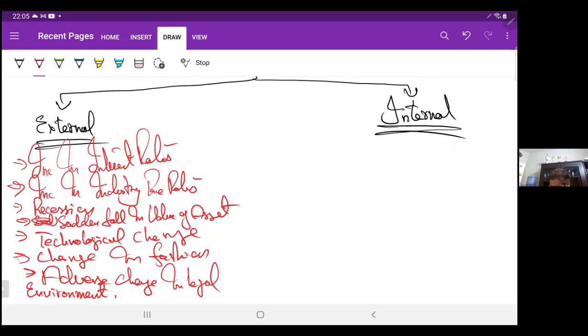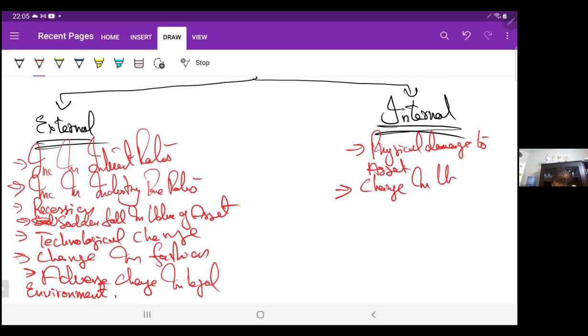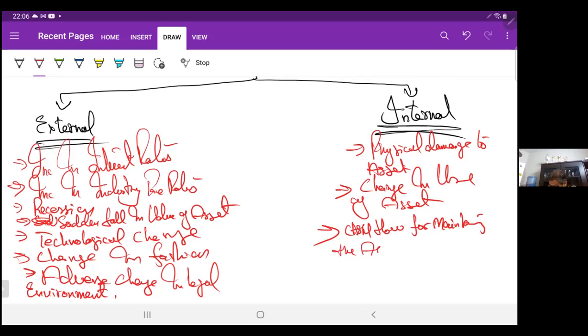Physical damage to the asset, adverse change in use of asset, and then cash flow for maintaining the asset is more than the budgeted.